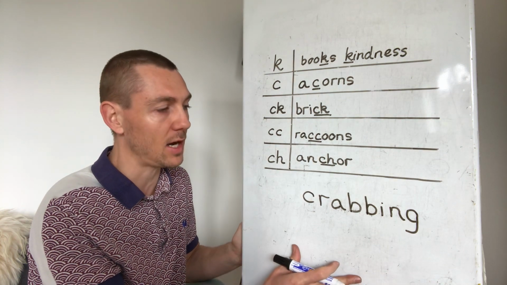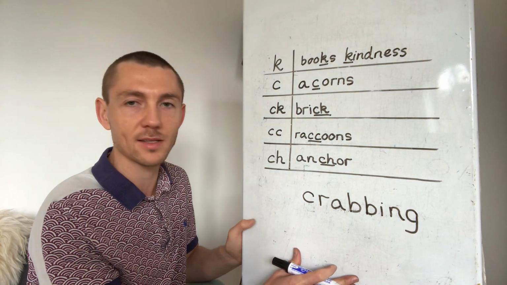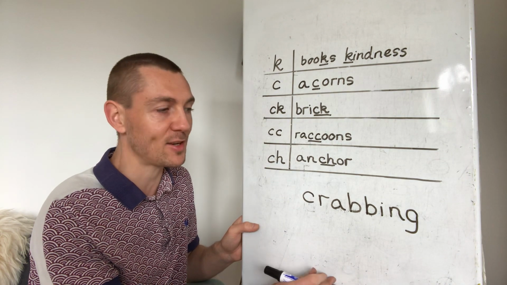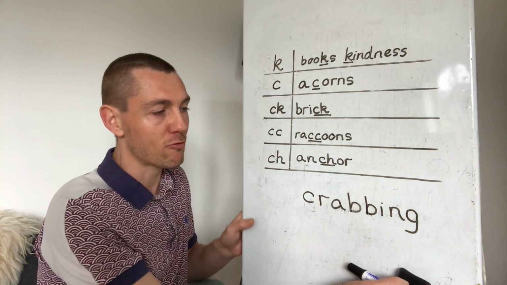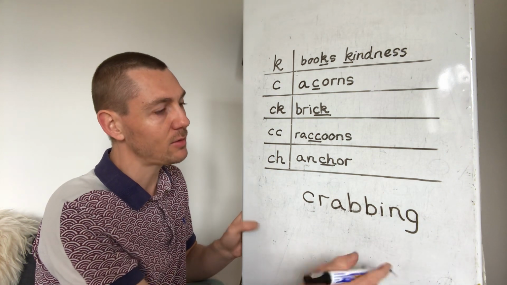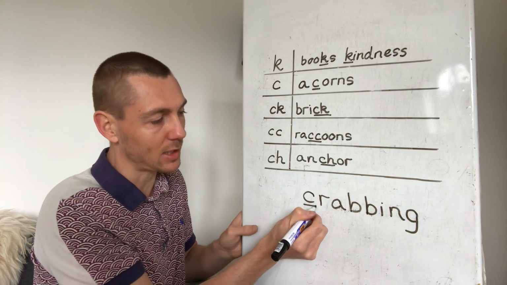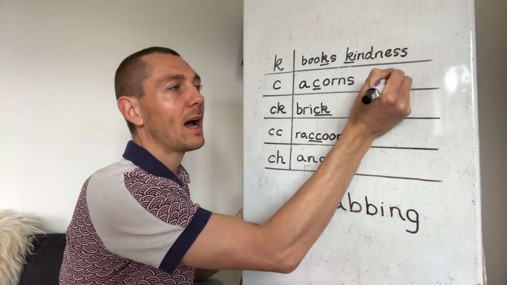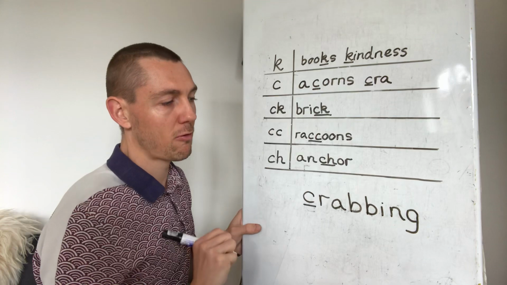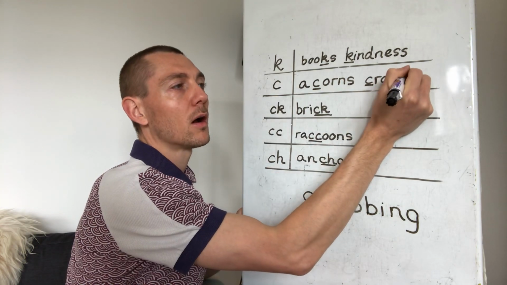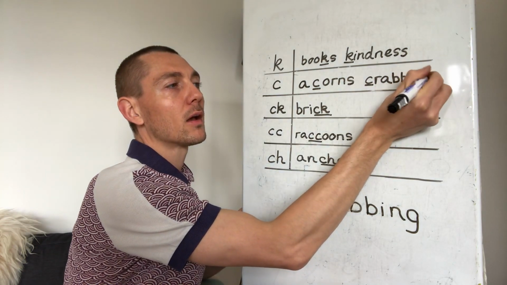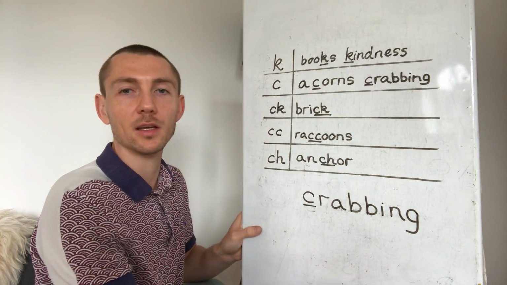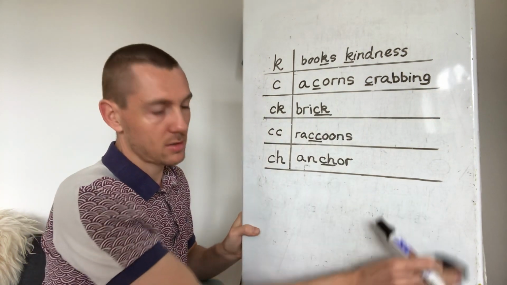I don't know if you've ever done that on the beach or by the sea, when you go hunting for crabs with your bucket and spade and you put them into your bucket. Crabbing. So we've got the C spelling of K in crabbing, and we say K, R, A, crab, B, I, N, G, bing, crabbing. Good.